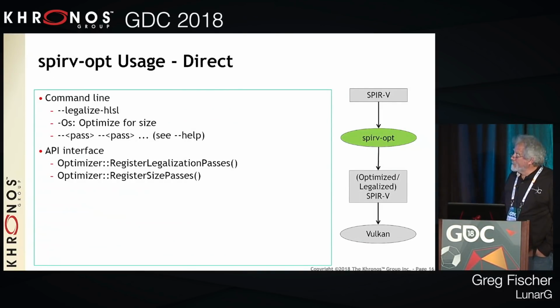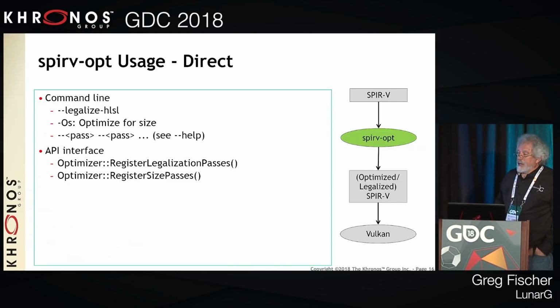So how do you use it? SPIRV-Opt can be called directly on a SPIR-V file. There is a command line option for legalization of HLSL and those operations. It's also an option to optimize for size.